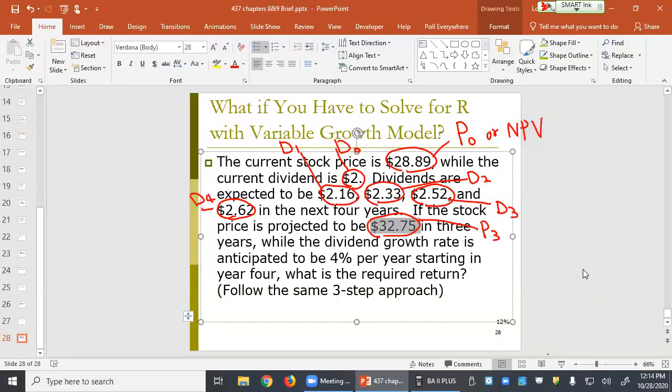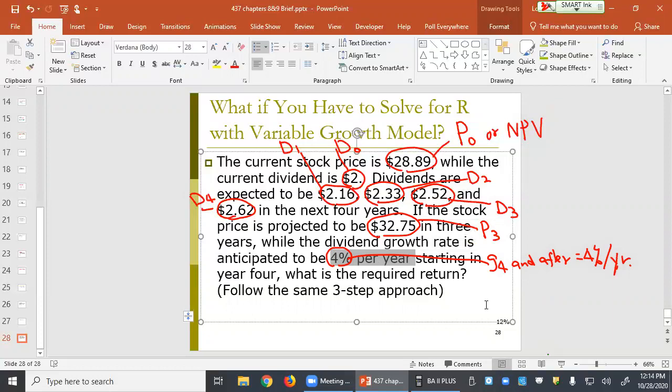While the dividend growth rate is anticipated to be 4% per year, again, it indicates something's constant, starting in year 4. So that means G4 and after equals 4% per year.